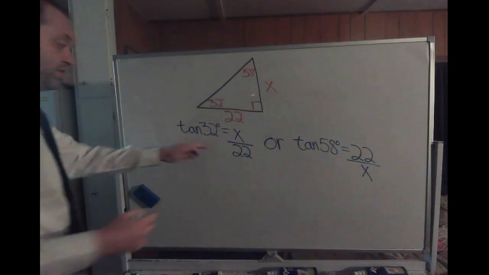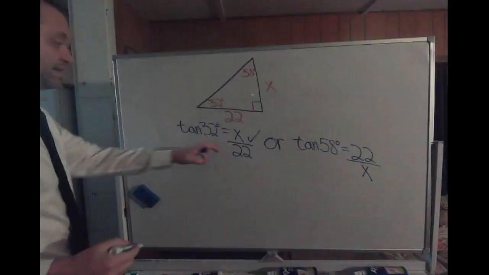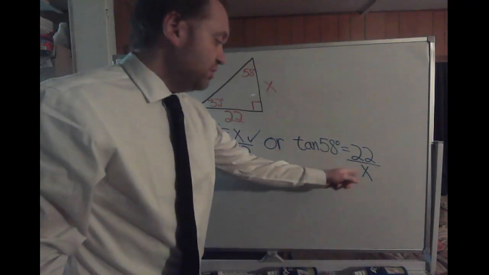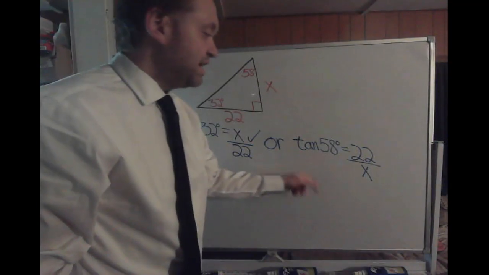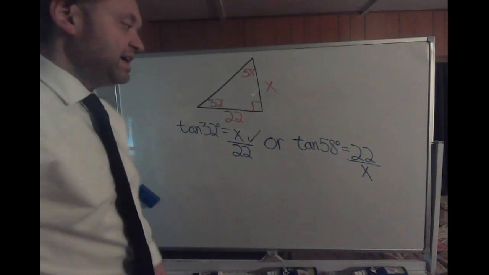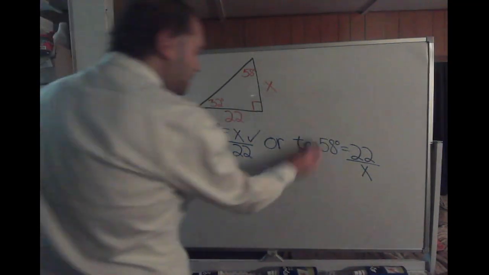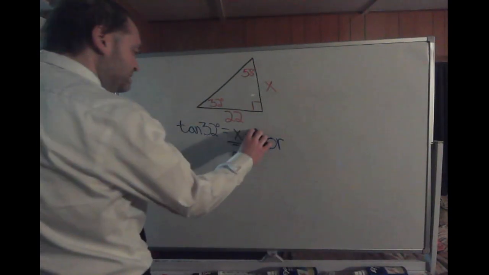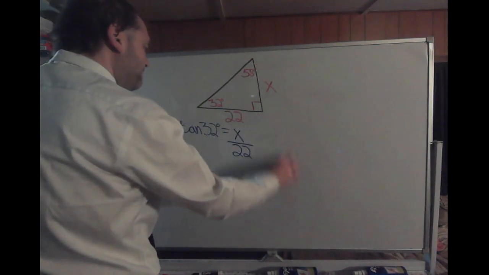Personally, I'm going to go with the first one because if you go with this one, you're going to have to multiply both sides by x, and then you're going to have to divide 22 by the tangent of 58, which actually is a little bit more work. So if you can, try not to make as much work on yourself.